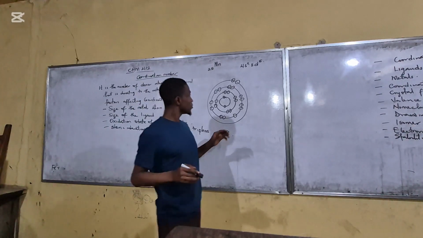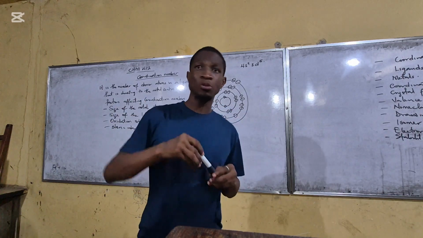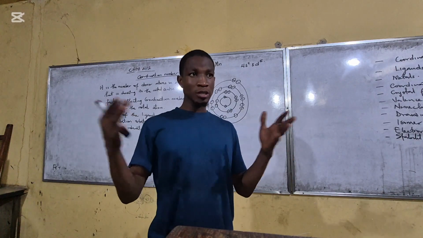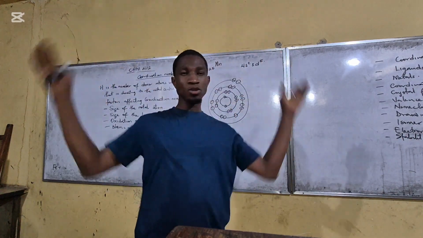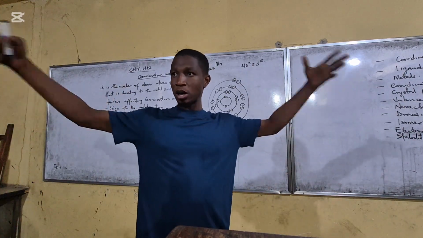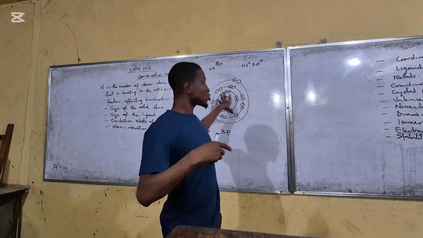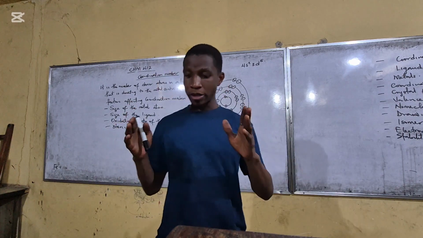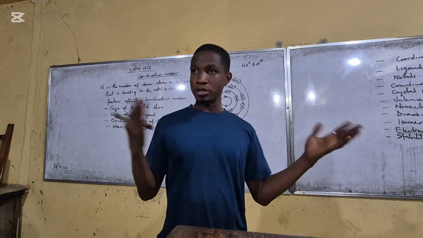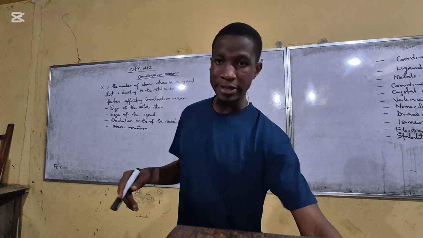Now, when we talk about atomic size, they told us that atomic size increases across the period. Meaning, as you are adding electrons, the radius of the atom will be increasing. Why? Because it's accommodating more electrons. Electrons, like we said earlier, naturally repel each other. Imagine you put 2 magnets in the same place.